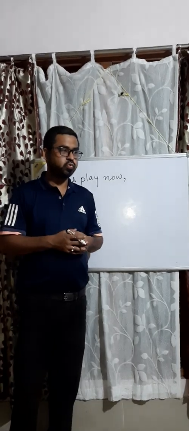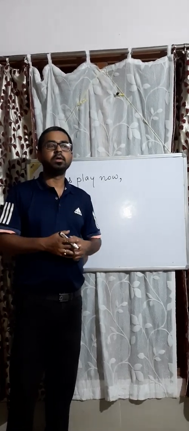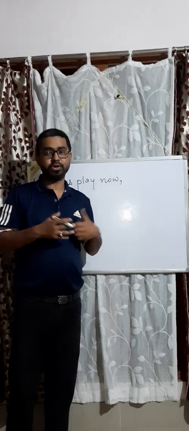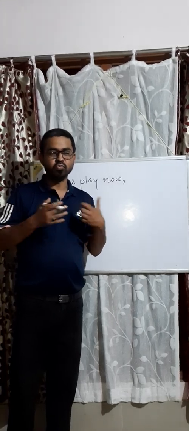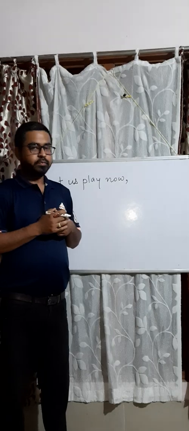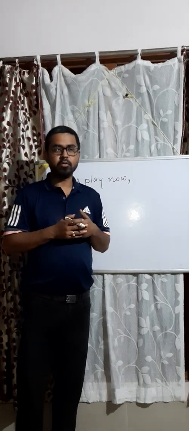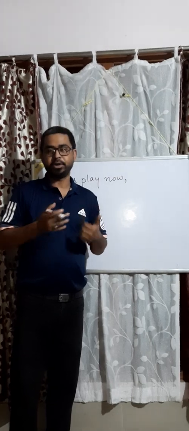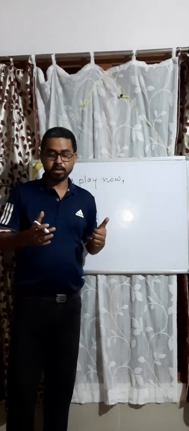Now let us talk about some miscellaneous examples of question tags or miscellaneous rules. So let me give you a quick recap of how to add a question tag to assertive sentences.